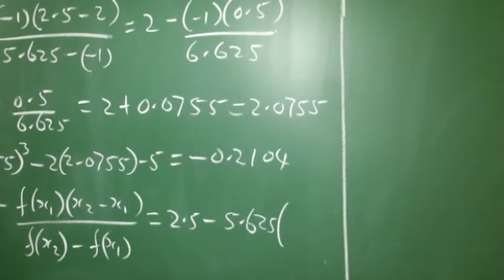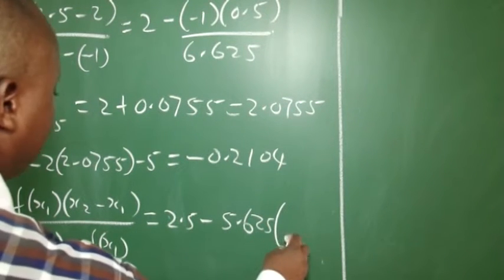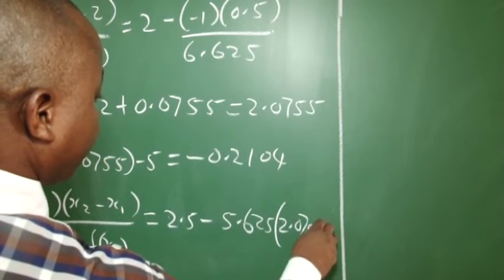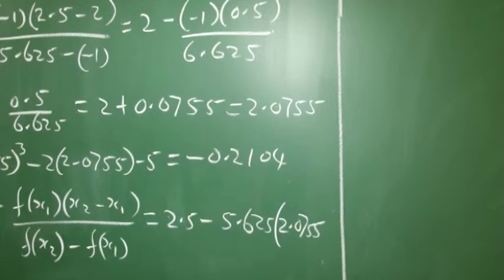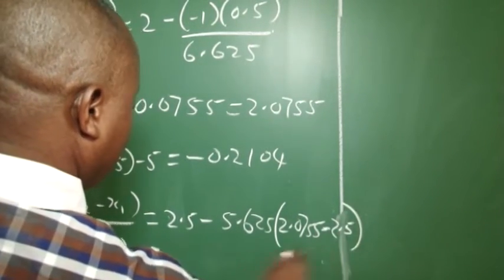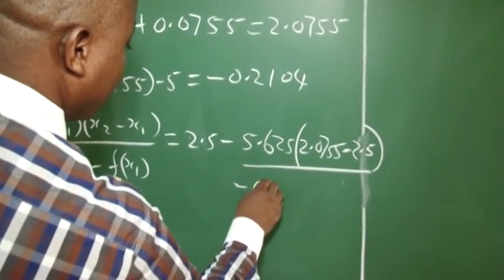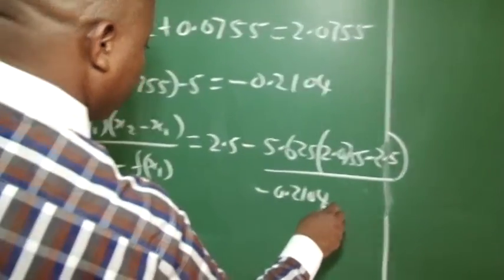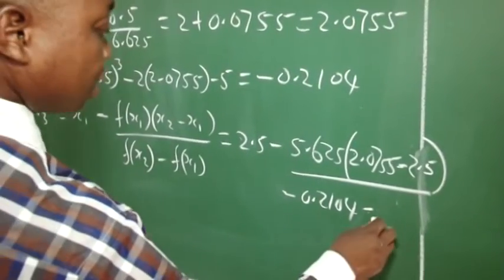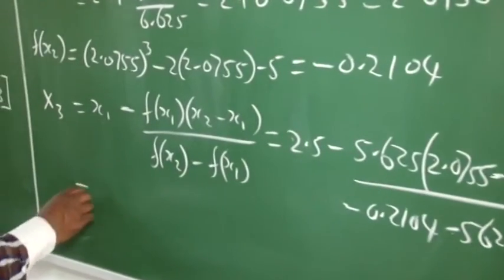Then we also have x2. x2 is 2.0755 minus x1, that is minus 2.5, over f of x2, which is minus 0.2104, minus f of x1. f of x1 is 5.625.